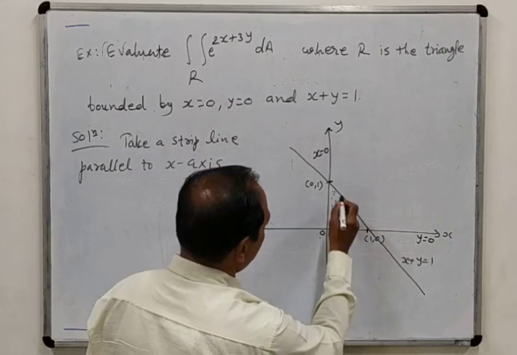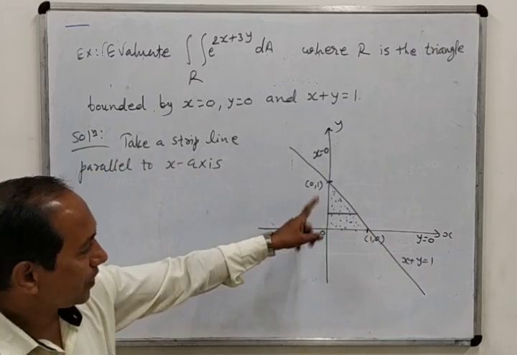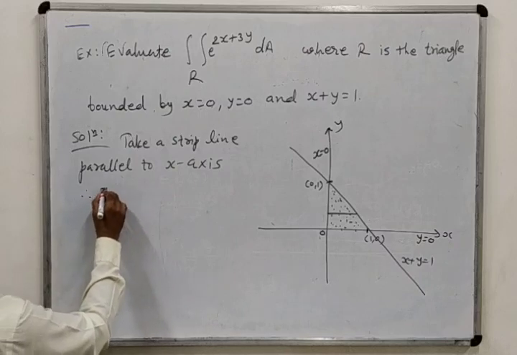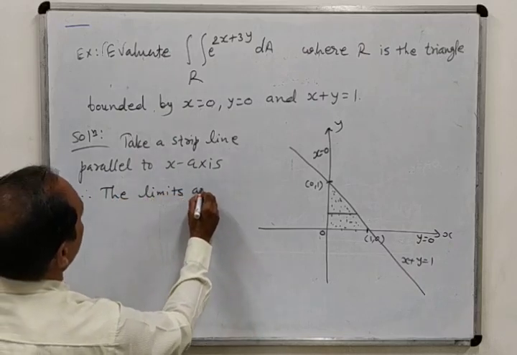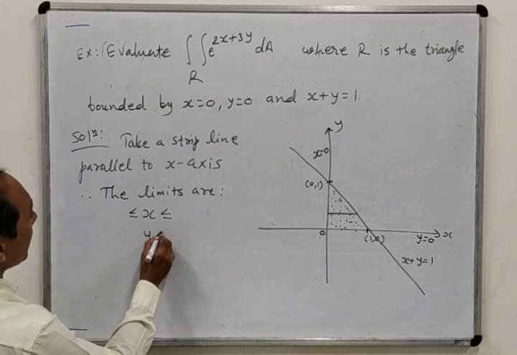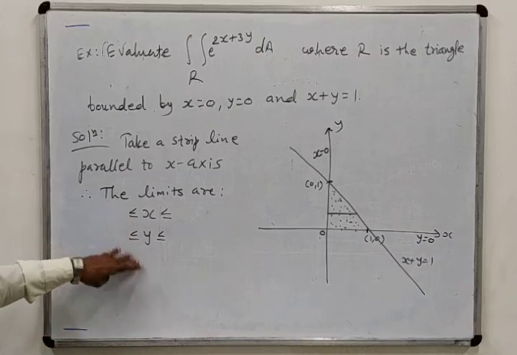So here in the region, anywhere I will draw the strip line parallel to the x-axis. You can see. Okay. Therefore, the limits are. First we will determine the limits of x and then the limits of y. So we will write down the pattern in this way.